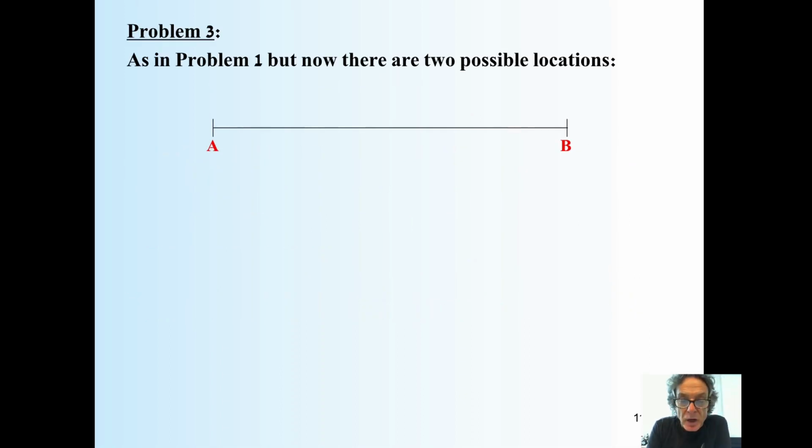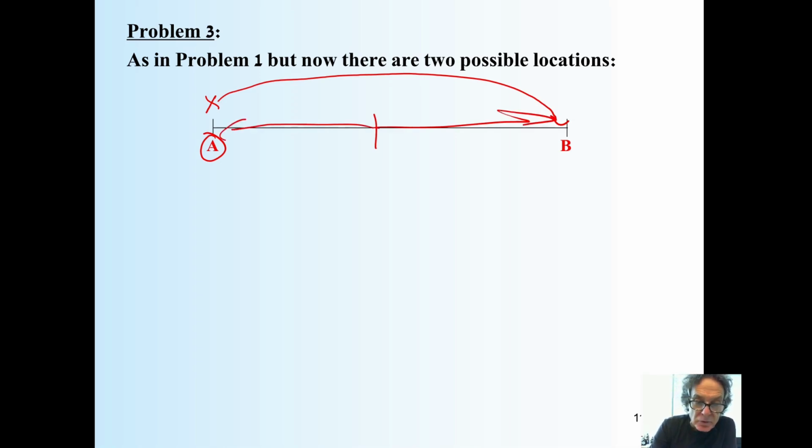Okay, but now let's see what happens if it's not odd. As in problem 1, but now there are two possible locations, just A and B. If I locate myself at A and you are also located at A, we split half. Now, if I move to B, we also split half, because half of the people will come to me and half will come to you.